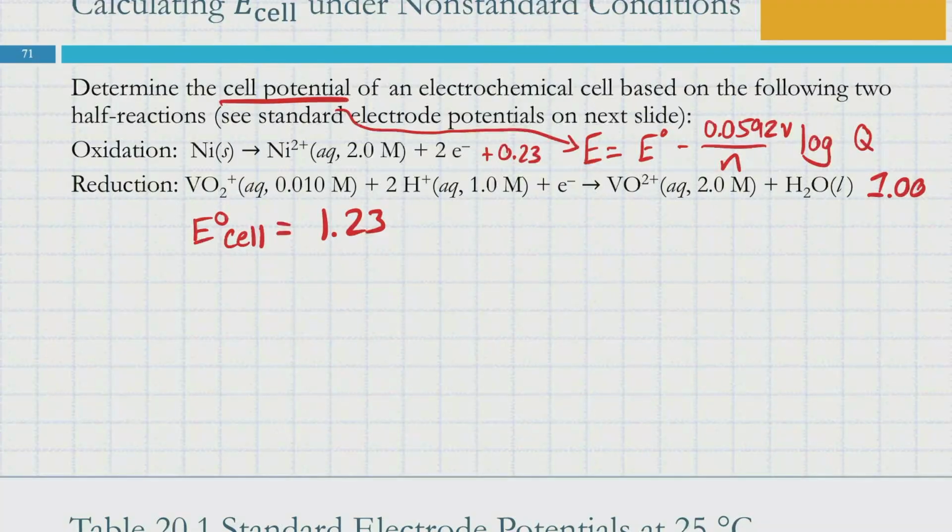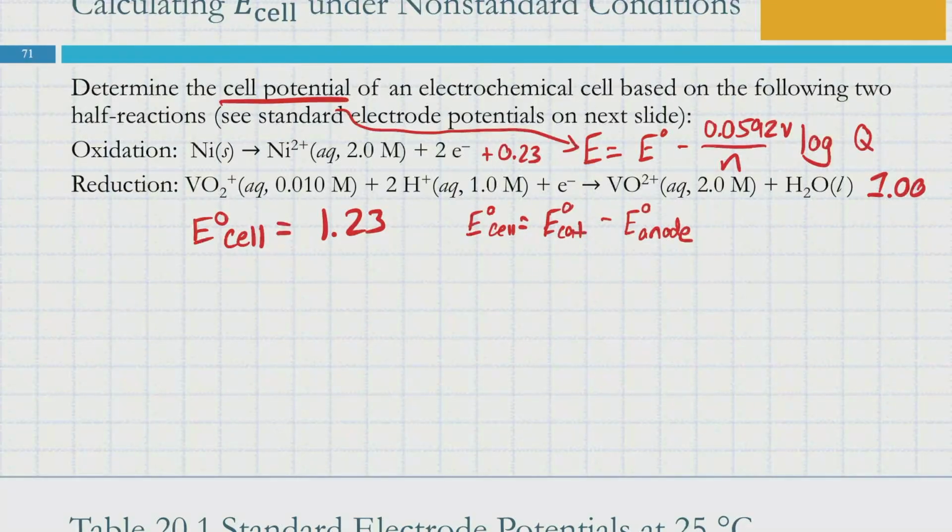The reason that it's 1.23 is that we flipped this top one. So they're already arranged in the correct orientation to pair them up. One is the oxidation, one is the reduction, and so we just add up the cell potentials. I believe it's also cathode minus anode. You could also do that.